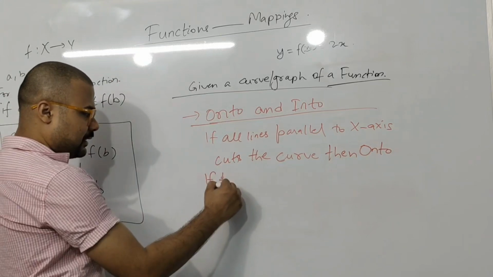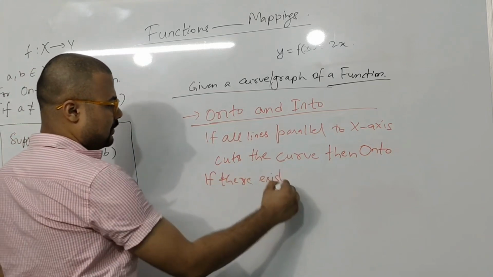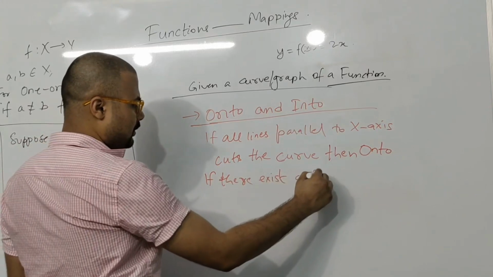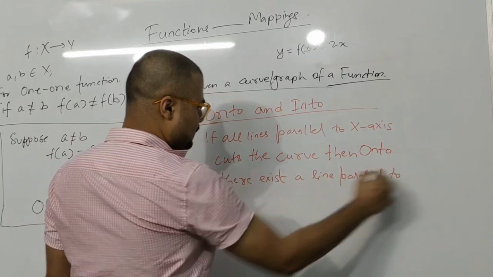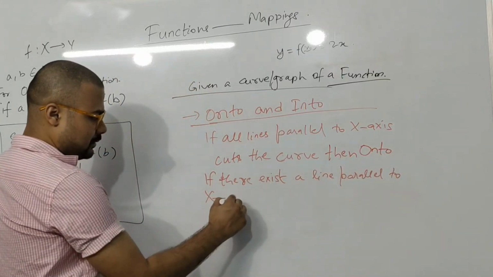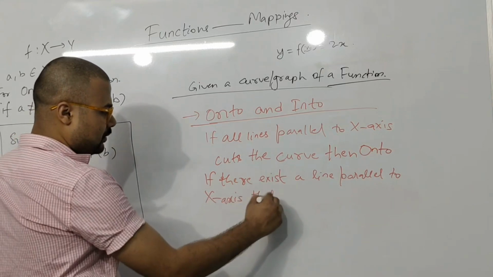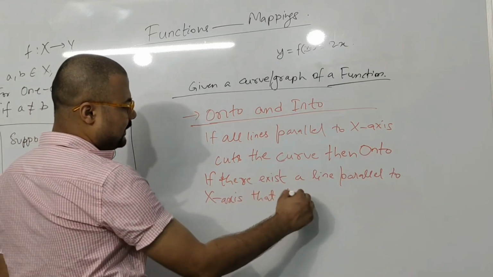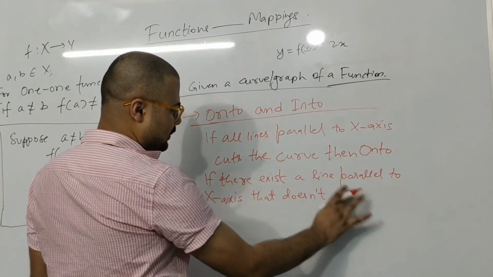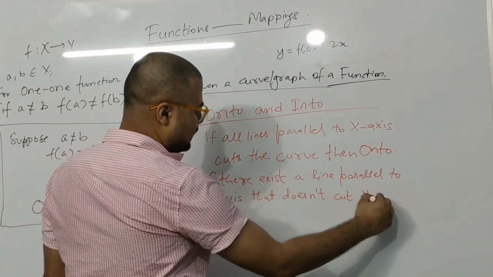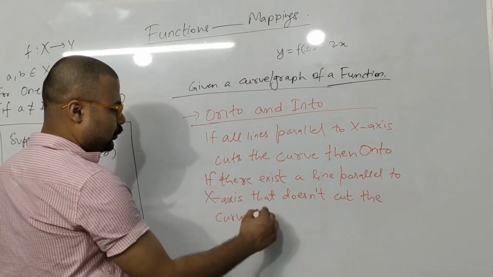If there exists a line parallel to the x-axis that doesn't cut the curve, then into.